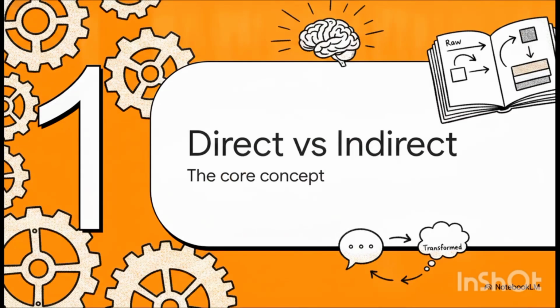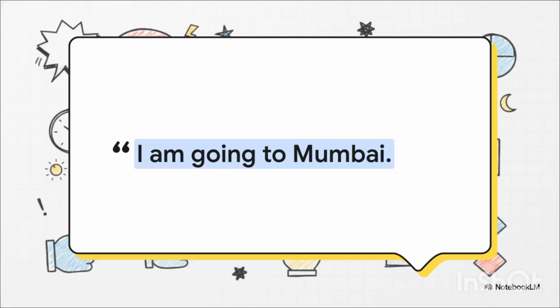All right, Section 1, Direct and Indirect Speech. Let's start building our playbook with this core concept. This example right here brilliantly illustrates our first major shift. Think about the direct quote. He said, "I am going to Mumbai." The exact words are totally preserved inside those quotation marks.